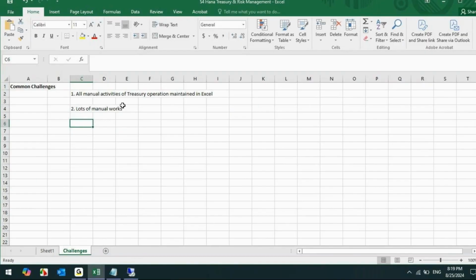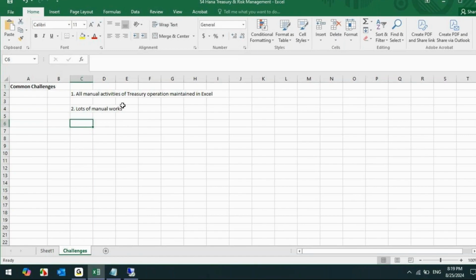When you do everything in Excel, you don't have a proper system, so the activities would be huge. It is not like they are maintaining just one or two. No, the activities include month-end activities, all sorts of calculations, the risk perspective, various parameters, various ways of measuring the risk, and everything is maintained in Excel.